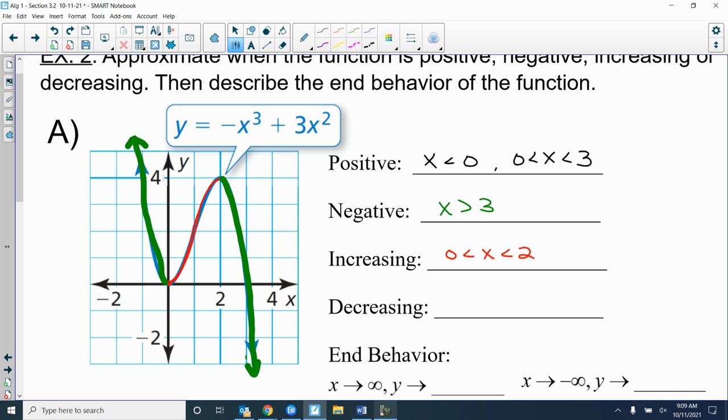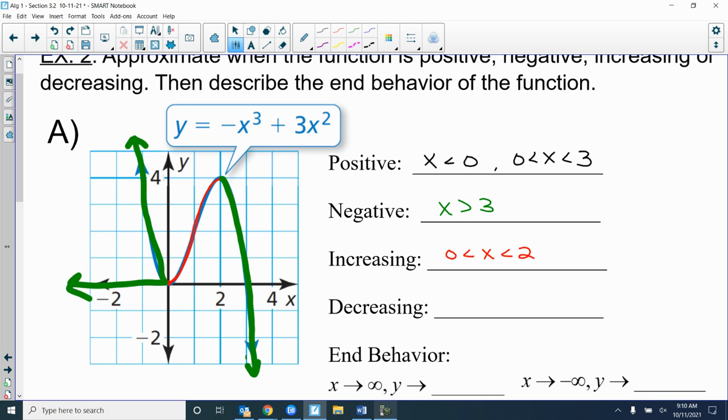There are 2 chunks where it's decreasing. What are the x values for this chunk? It's all the x values in that direction. Lucas? Negative 1 would be one of them. What about negative 2? Negative 3. How do I list all of them using inequality?